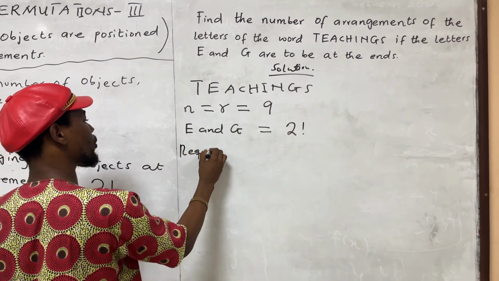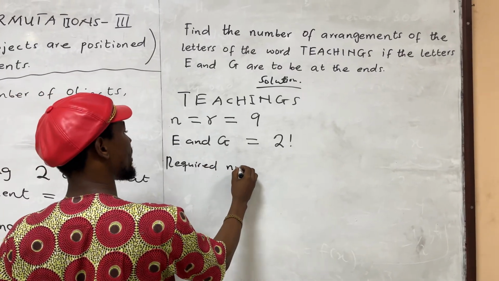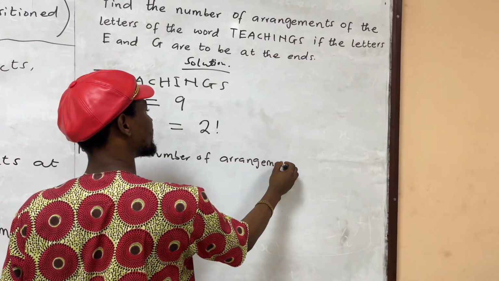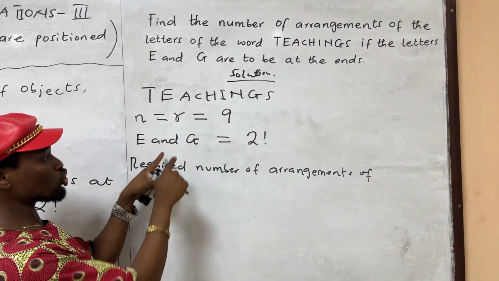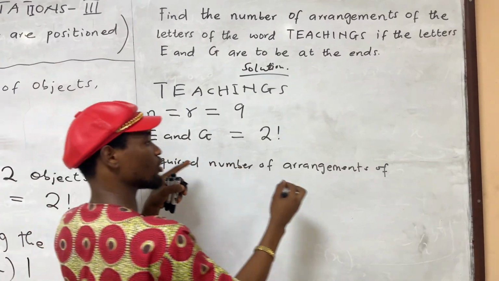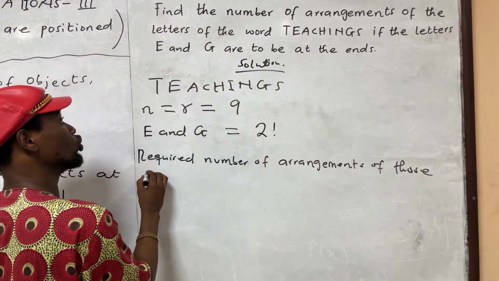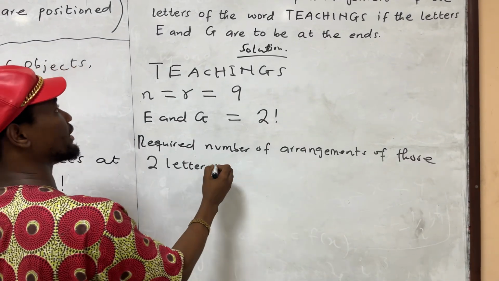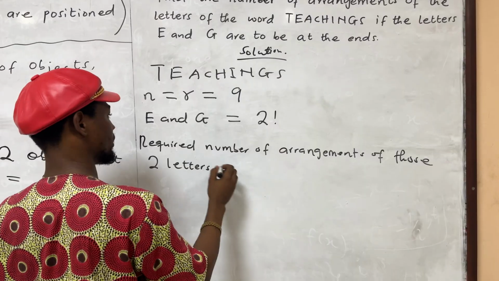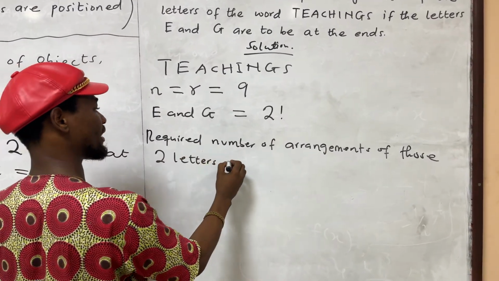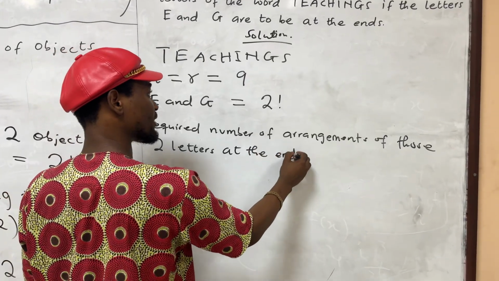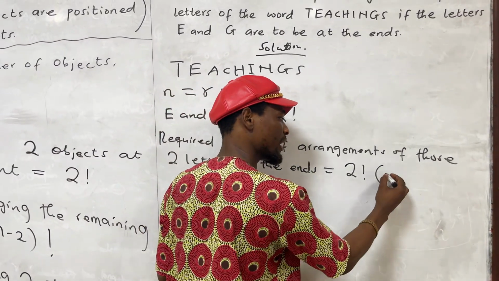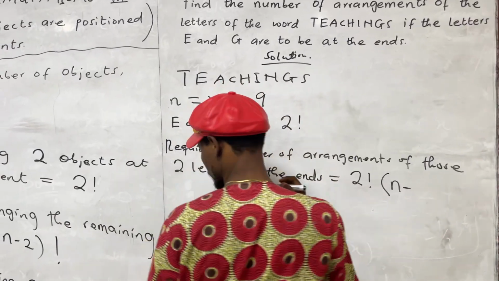Then, going by the formula, we say the required number of arrangements of those 2 letters at the ends is given by the formula 2 factorial times n minus 2 factorial.